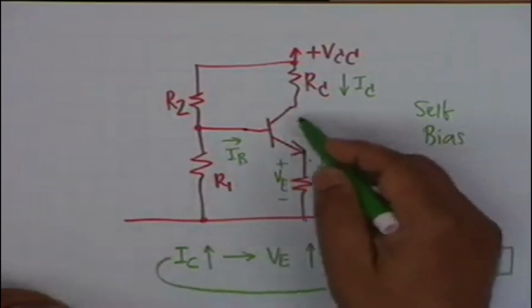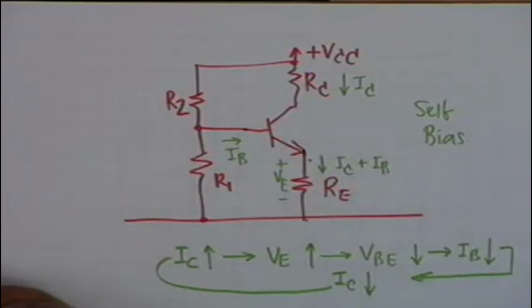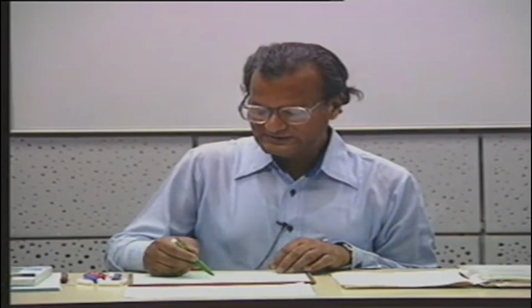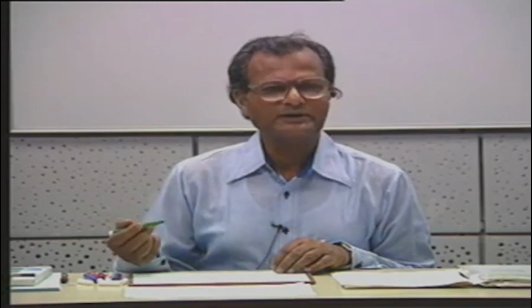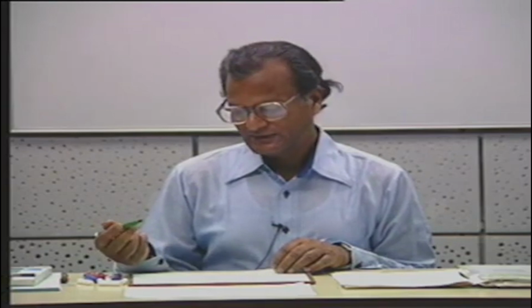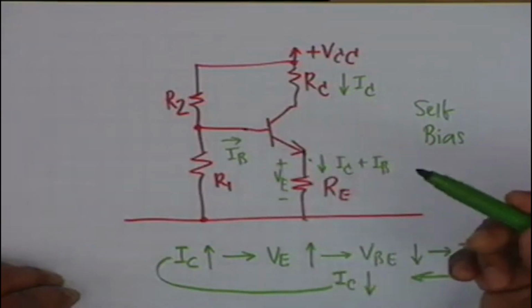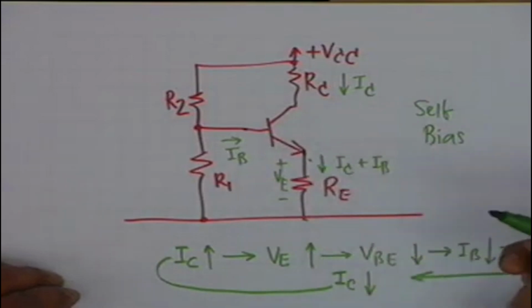This was one of the main causes why the previous circuit could not be used, because that had kept IB constant, and therefore if we replace the transistor, the beta of the transistor, as you know, can have a spread of about 1:6. Irrespective of whether the transistor is replaced, whether temperature increases or decreases, I sub C should remain a constant.